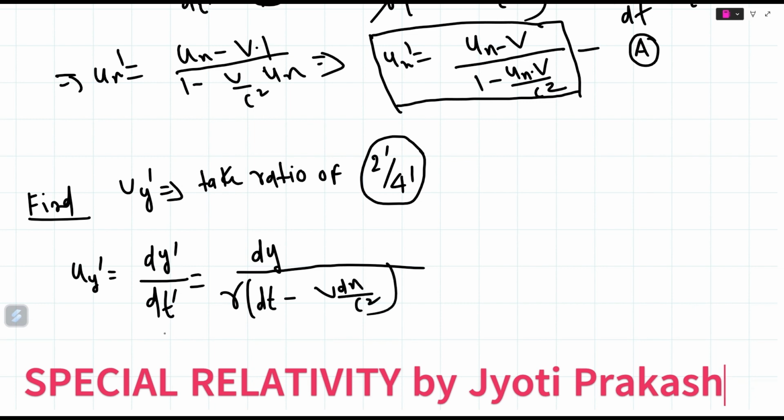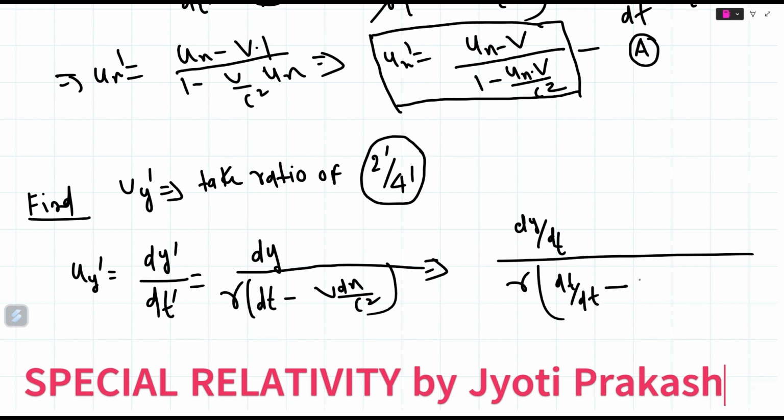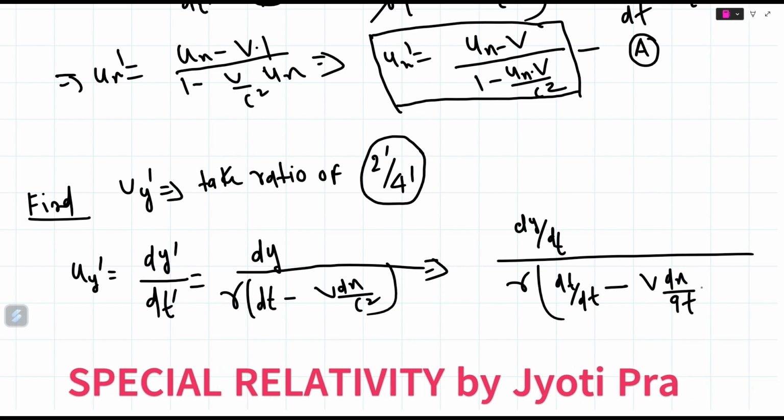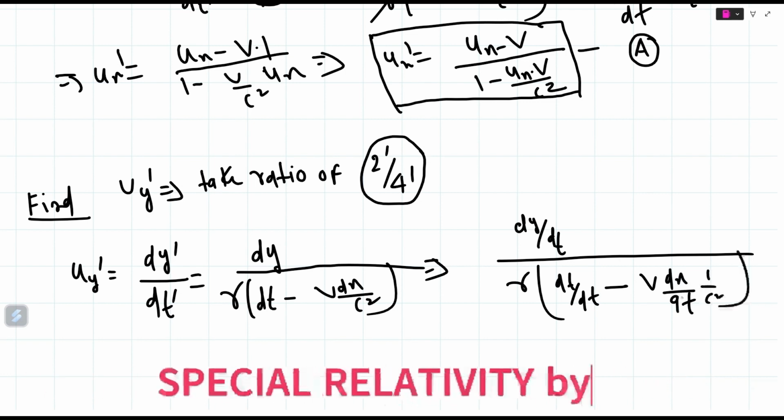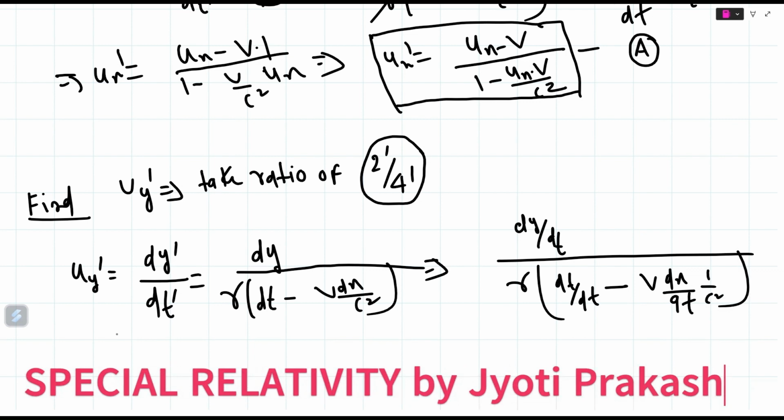Divide numerator and denominator by dt. So this becomes dy by dt over gamma (dt by dt minus v dx by dt times 1 by c square).